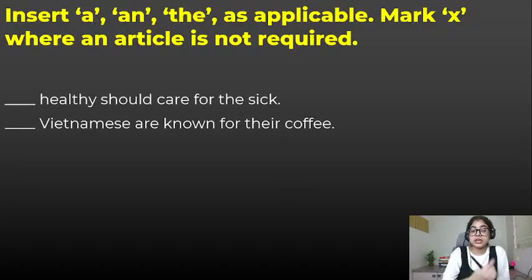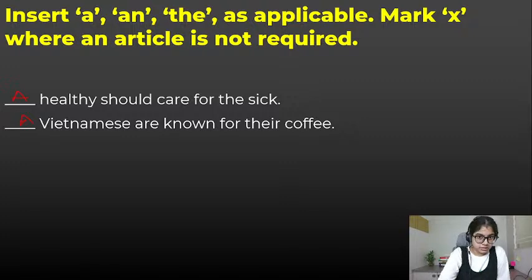Okay, dash healthy should care for the sick. Dash Vietnamese are known for their coffee. Now, if I put a here, the sentence reads as a healthy should care for the sick. यानी एक healthy को sick को बचाना चाहिए. Next में बोला है एक Vietnamese is known for their coffee. Is that true?